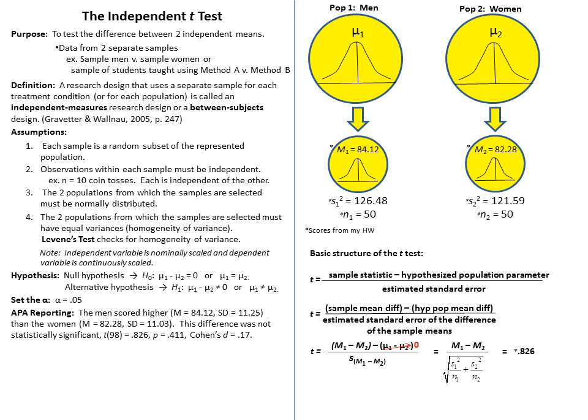My Cohen's d was 0.17, which of course speaks to the effect size. And finally, we want to address the null hypothesis, which says we would fail to reject the null hypothesis, which stated that the means are the same, and that's because our p was not less than 0.05.